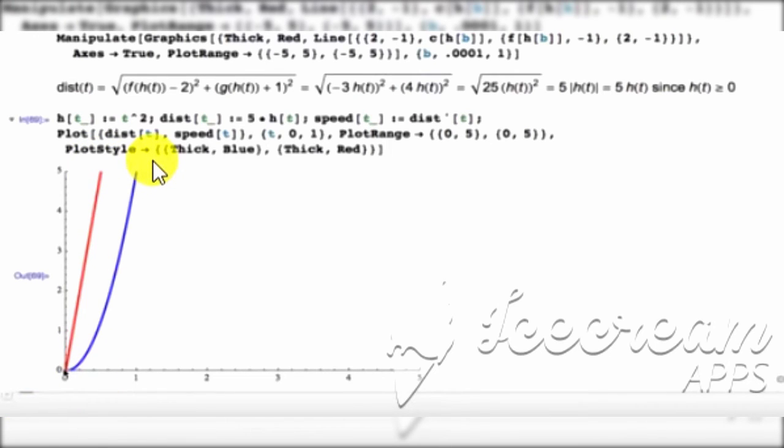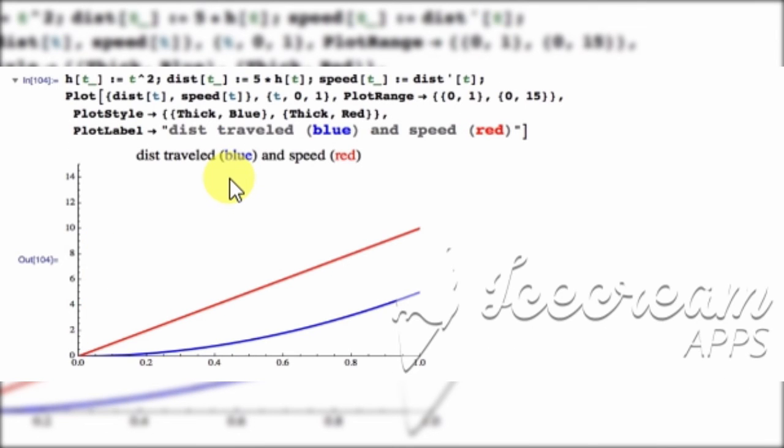So we could say the ratio is 5 times. So we are now plotting distance and speed, all the same thing. Blue is the speed, but we are assuming that our distance is 5 times more than our speed.